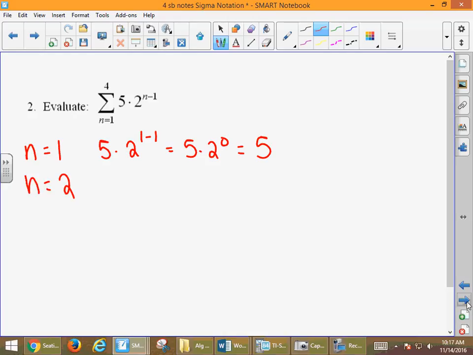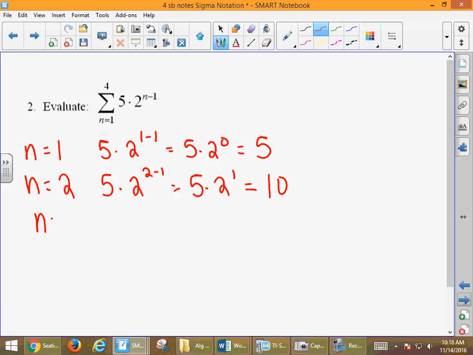But more importantly here, we're looking at this particular sequence and we're finding our values of the first 4 terms. So this is going to be 5 times 2 to the 2 minus 1, which equals 5 times 2 to the first. And 5 times 2 to the first is 10.